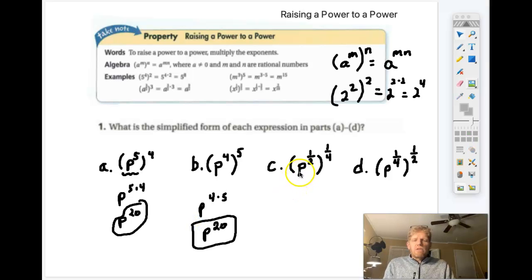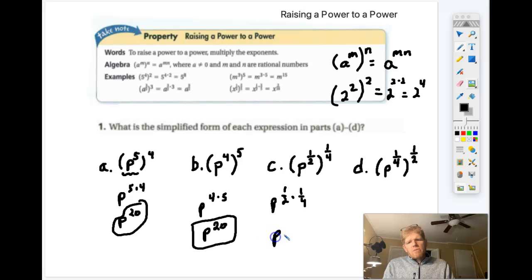And that brings us to p to the 1/2 to the 1/4 power. Now remember, these can be represented as fractions. This would be the square root of p and the 4th root of whatever's inside of here. But we're not going to worry about that unless it tells us to represent it as a radical. If it doesn't say that, we can just write it as a fractional power. So we'll write that as p to the 1/2 times the 1/4.